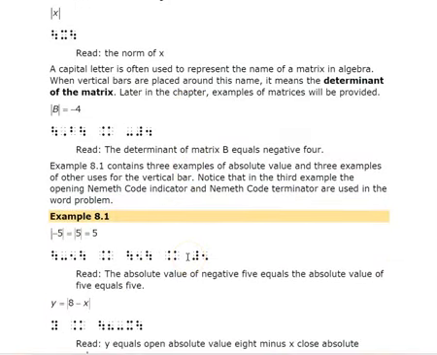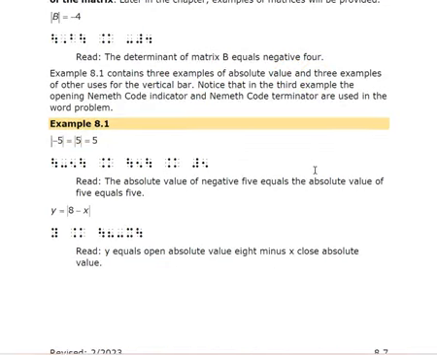Capital letters are often used to represent the name of a matrix in algebra. When the vertical bars are placed around this, it means the determinant of the matrix. So we have vertical bar, capital B, vertical bar equals negative number sign. That means the determinant of matrix B equals negative 4.